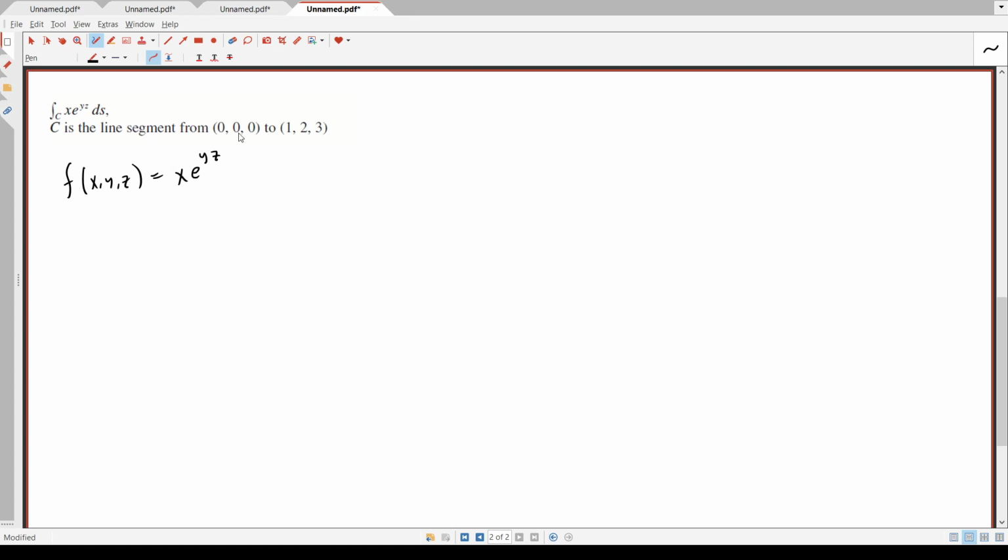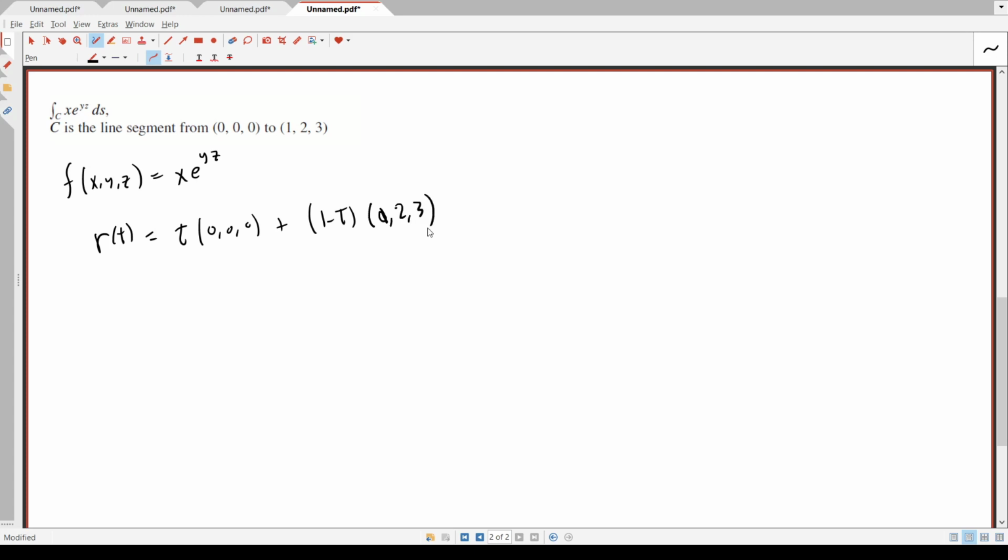Okay, so first thing I need to do is parameterize the line segment. And there's an easy way to do that. So if I go r of t, I do t times the first point, plus 1 minus t times the second point.